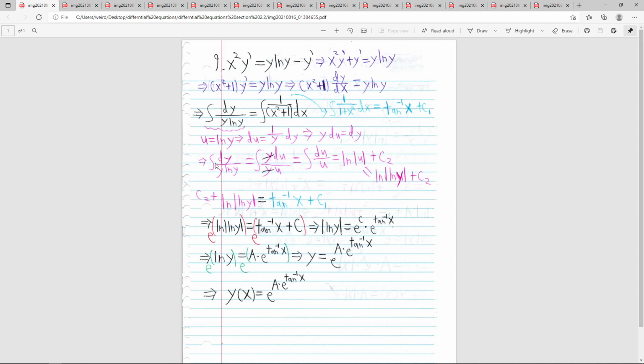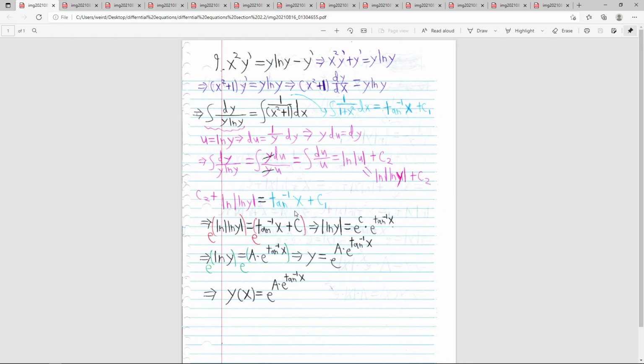So we plug in and we get y du over y times u, and the y's cancel out, and you get integral du over u, which simplifies down to the natural log of the absolute value of the natural log of y plus c2. Yeah, I know it sounds weird, but it continues on.